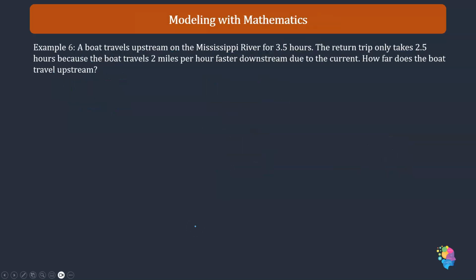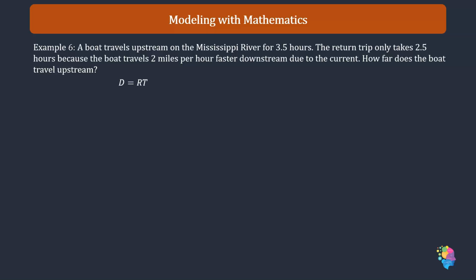Let's read example 6. A boat travels upstream on the Mississippi River for 3.5 hours. The return trip only takes 2.5 hours because the boat travels 2 miles per hour faster going downstream due to the current. So how far does the boat travel upstream? This is a distance equals rate times time.